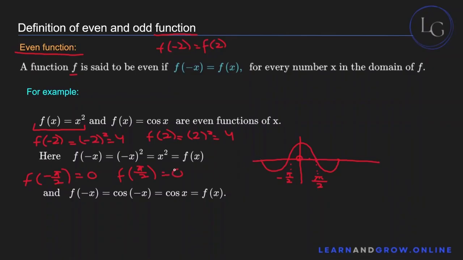So this is true for any number x in the entire plane for this function cosine of x. And this is a very important lesson you'll learn. You see this y-axis? If the graph of a function is symmetric through the y-axis, that function is always an even function, right? So let's say you have a function that looks something like this.